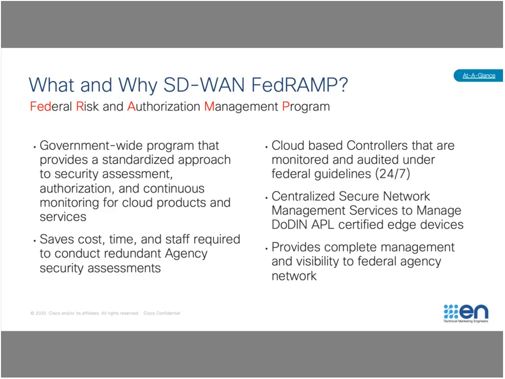We don't want to have to host stuff on-prem. So even though federal agencies can use Cisco SD-WAN, they just have to host the controllers on-prem. Even though they can do that, they're looking for a subscription model, right? So they want to be able to host their controllers in the cloud.